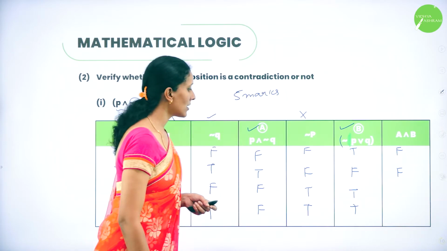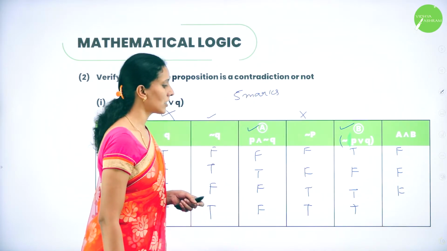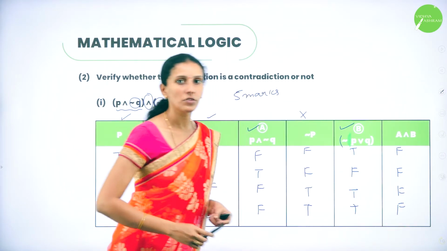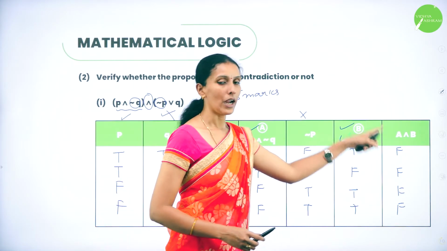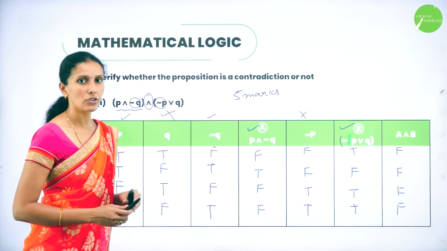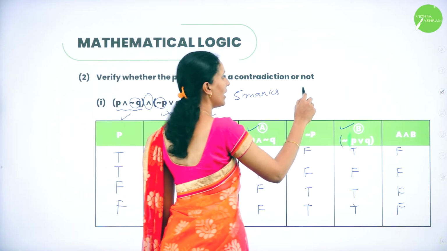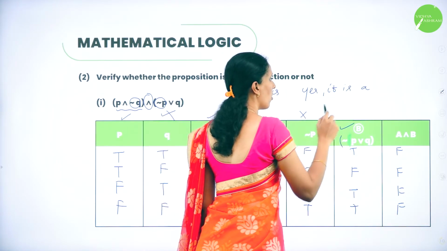In the third case, false, true, false. In the fourth case, false and true, it is false. Look at the last column: for all the truth values, it is false. Therefore, is it a contradiction or not? Yes, it is a contradiction. So you are going to write, yes, it is a contradiction.